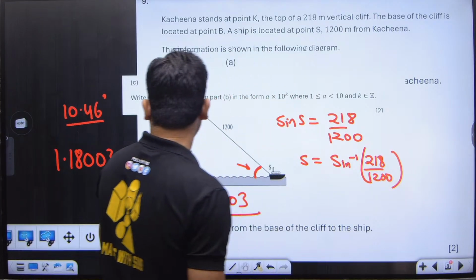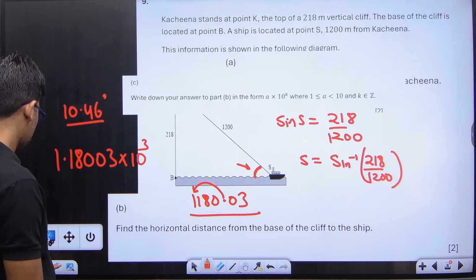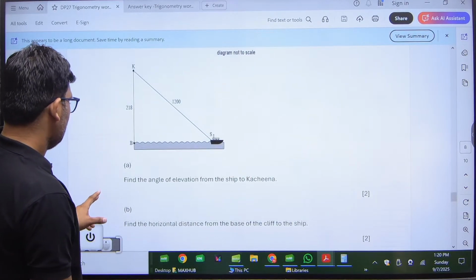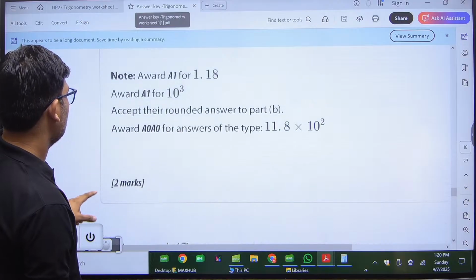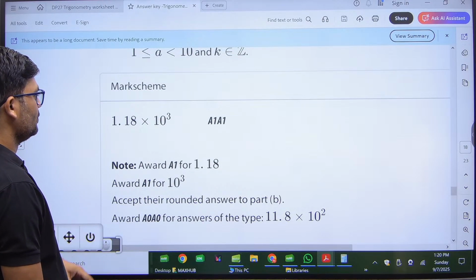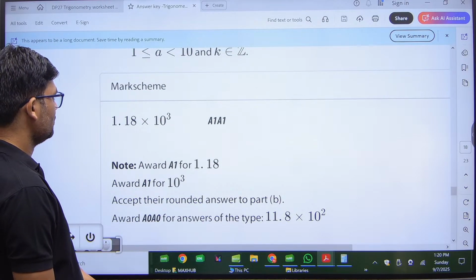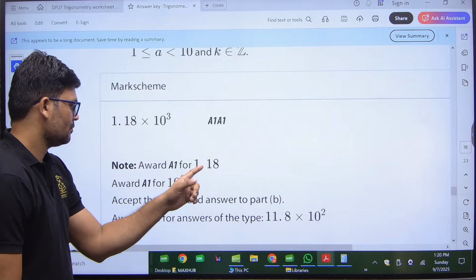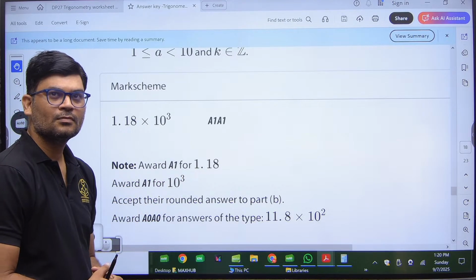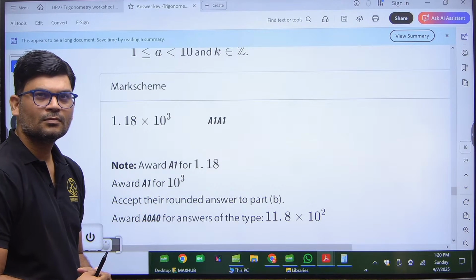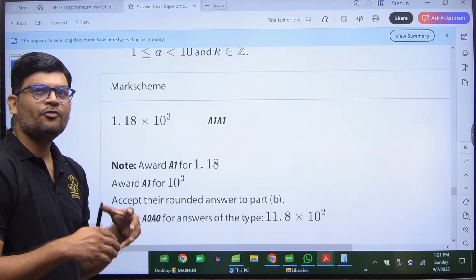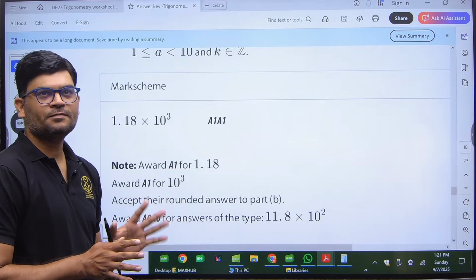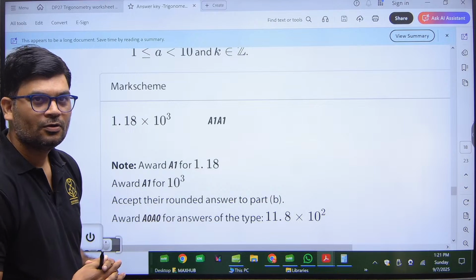Wait, show what the marking scheme says. I am a pro at reading the marking scheme now. Okay, it's a 2-mark question. Award 1 mark for 1.18. Award this, accept their rounded answer. So basically, if you wrote a rounded off answer, it's fine. If you have not rounded off also, it is fine.